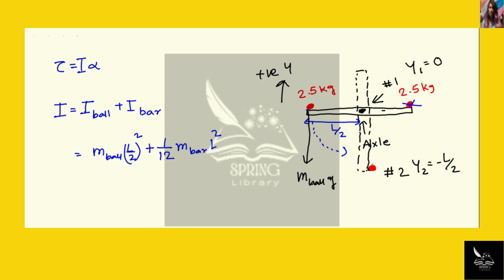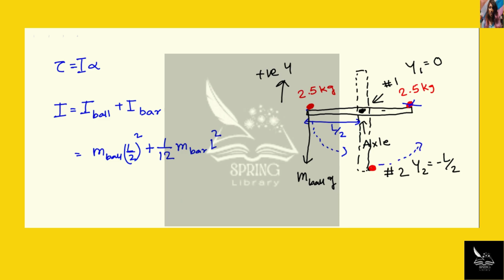So we can use energy conservation here. We'll apply energy conservation at this point when the system is stable and hasn't started rotating, and then at this point when the bar is swinging.